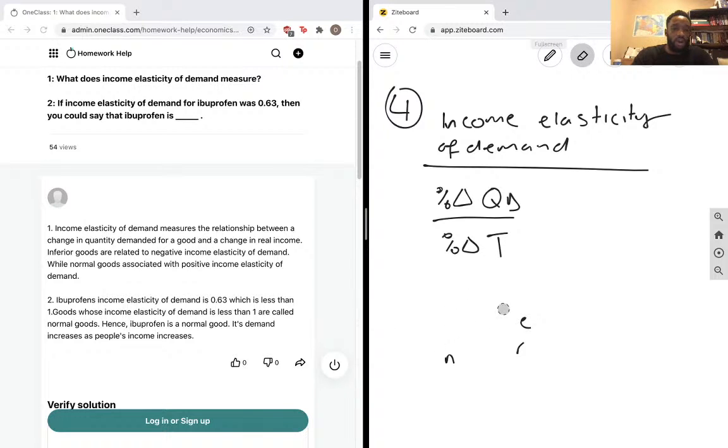And normal goods are associated with a positive income elasticity of demand. So that is the correct definition of income elasticity of demand.